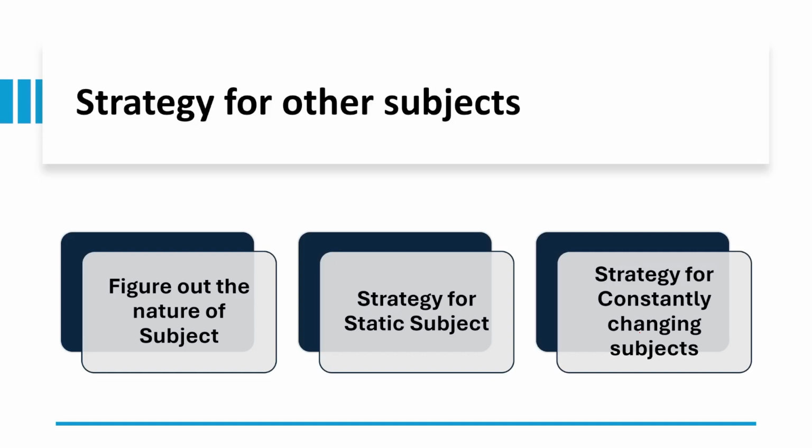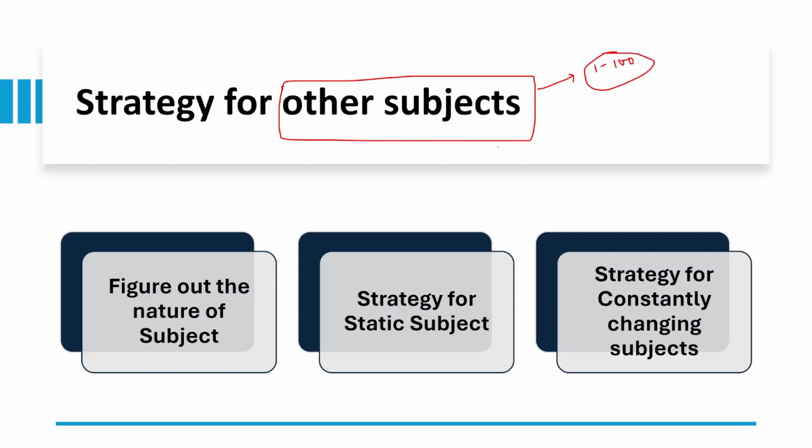The other subjects include administrative law, law of contracts, torts, family law, criminal law, property law, company law, public international law, tax, environmental law, and labor law. These are the subjects I put in the other subject category. If you want a rank within 1 to 100, you must ensure that your command is over these other subjects also.